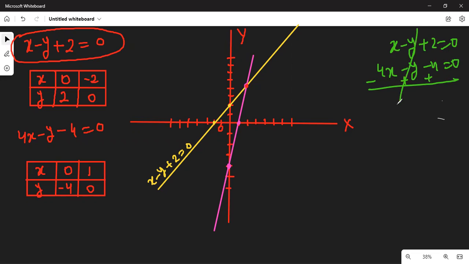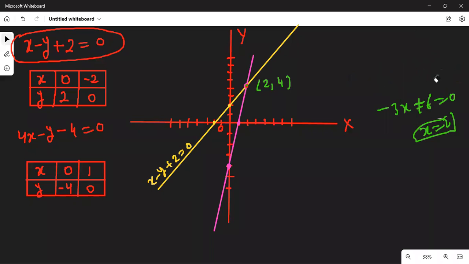So this y is cancelled, we get minus 3x plus 6 is equal to 0. So x is 2. That means the x coordinate of this point is 2. And what is y coordinate? If x is 2 here, y would be 4. I mean, we'll have to solve these equations if we are not doing it on the graph paper to find this point. So we got this coordinate also, x is 2, y is 4.